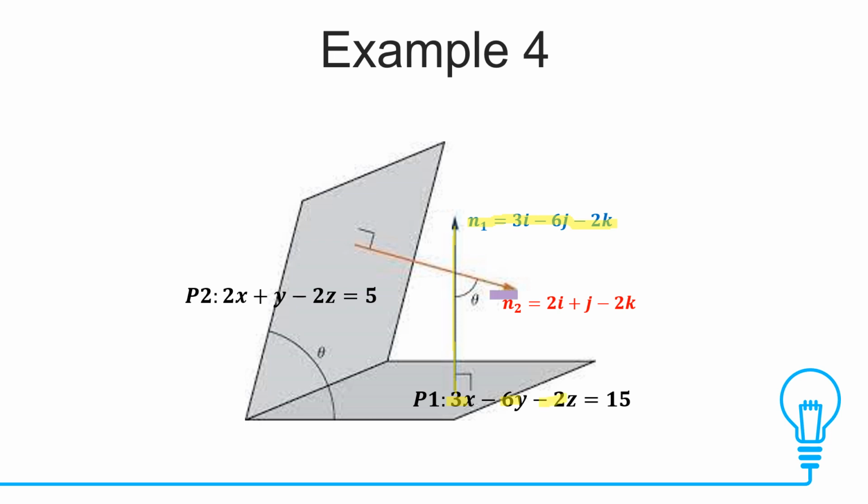Next, the vector perpendicular to plane P2, let's name it N2, is equal to 2i plus j minus 2k. And basically we determine it from the coefficients of x, y, and z from the P2 equation.